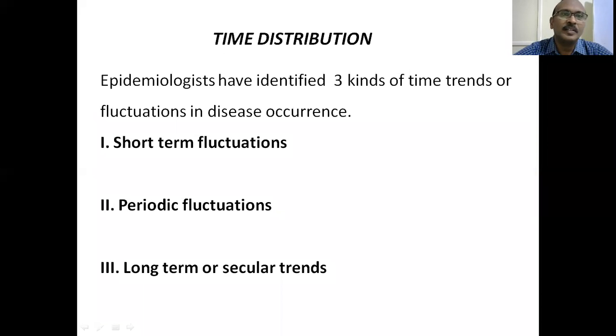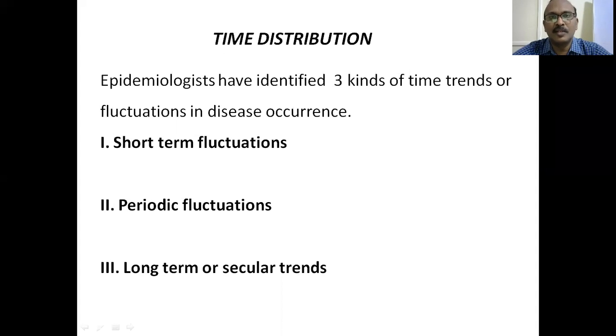Time distribution. In time distribution, the time of occurrence of a particular disease or health-related event, say the hour of onset, the day of the week, the month, or the year when the event is occurring, will give you the time trend or the distribution of the disease.